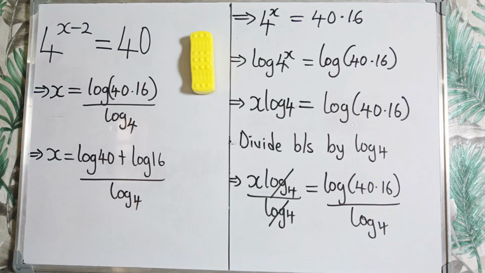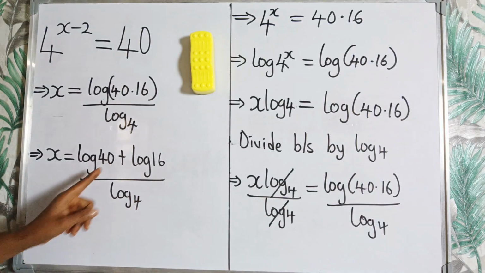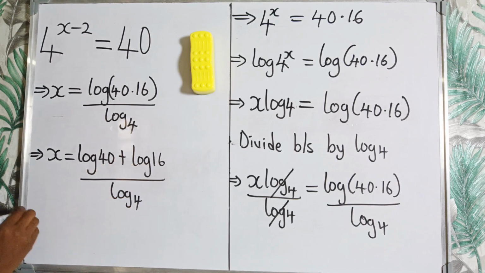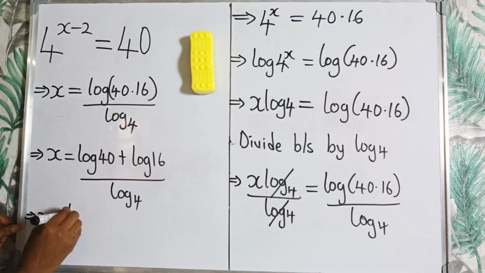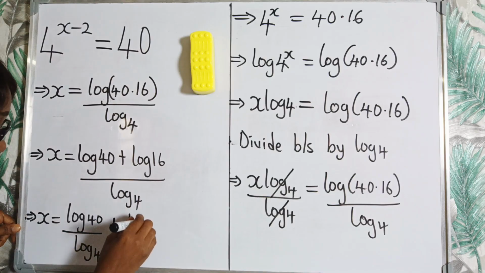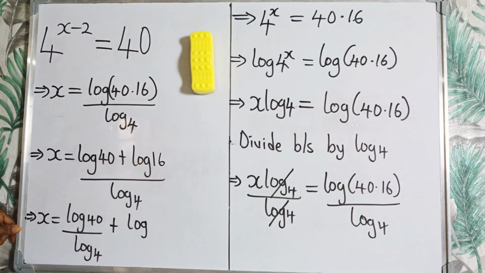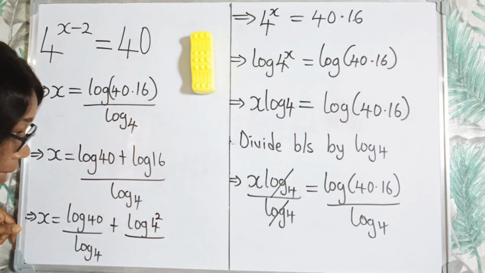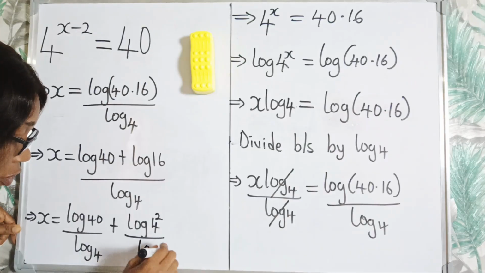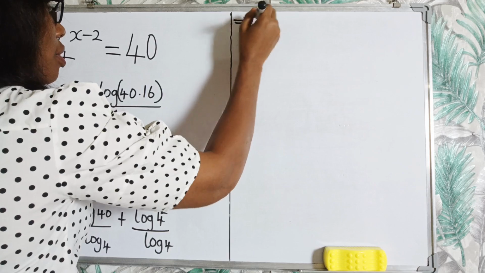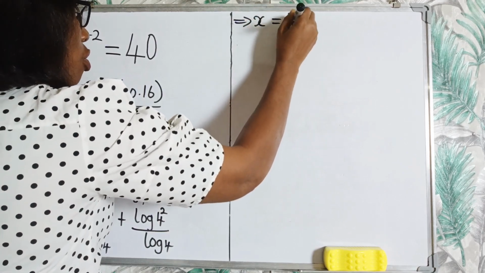Now the next thing to do is to split this fraction, to separate this fraction. So we are going to have x is equal to log 40 over log 4 plus log 16, now 16 is the same thing as 4 square, divided by log 4.